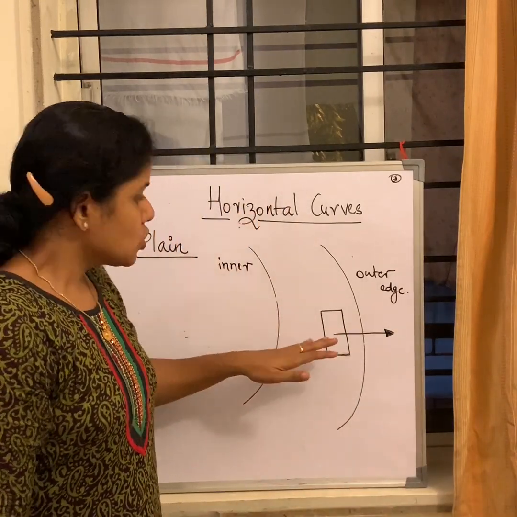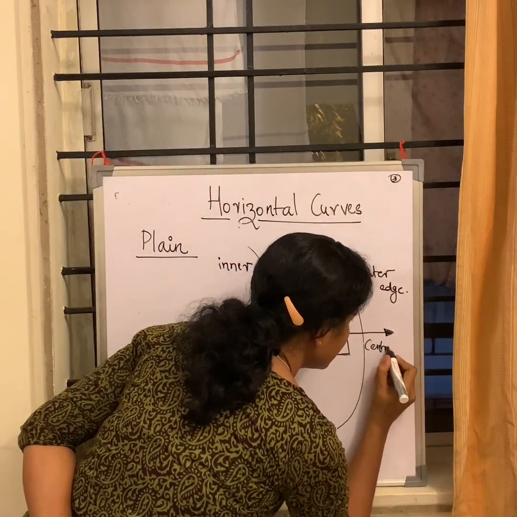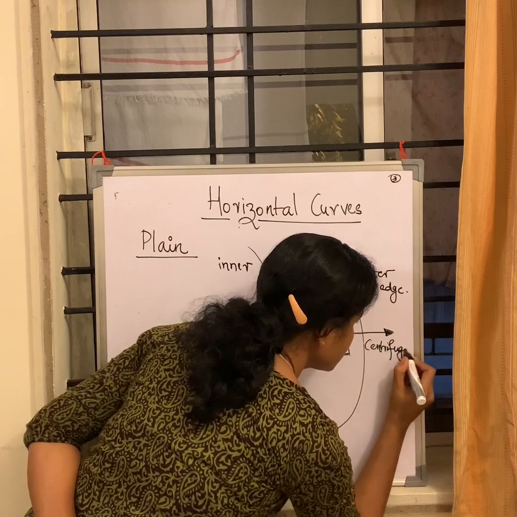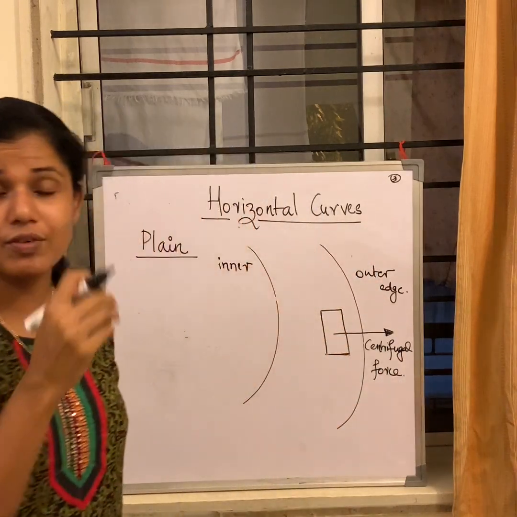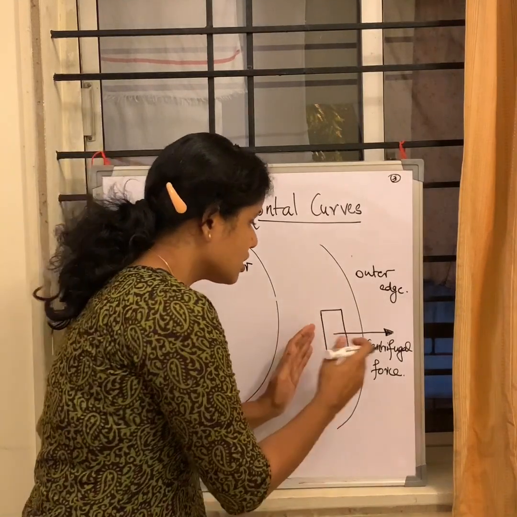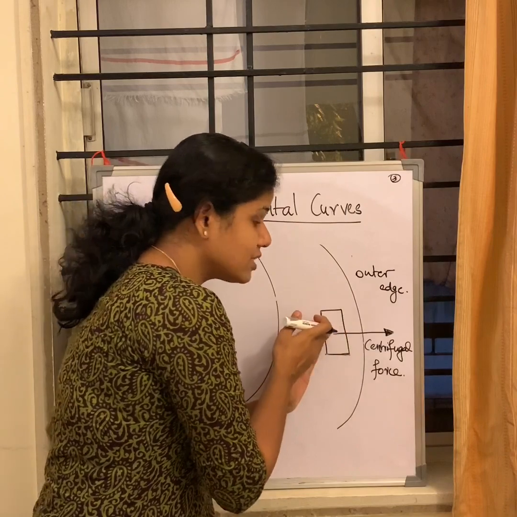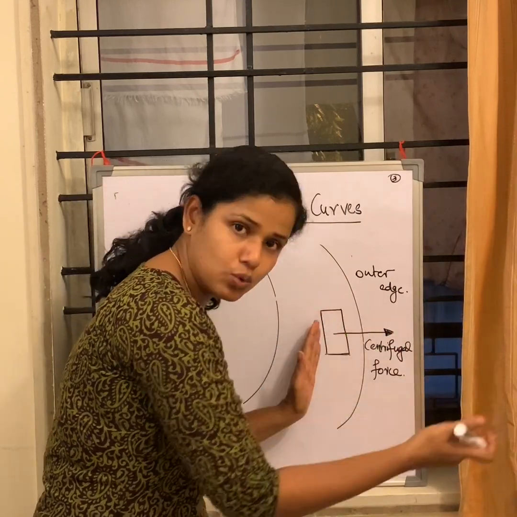So we call this force the centrifugal force. You remember the centrifugal force and the centripetal force you have studied when we are talking about a moving object on a circular path. So this centrifugal force always acts outwards. So it has a tendency to push this vehicle outwards.